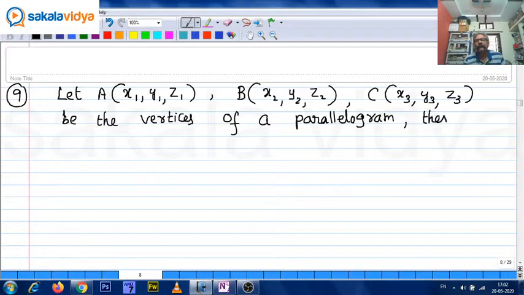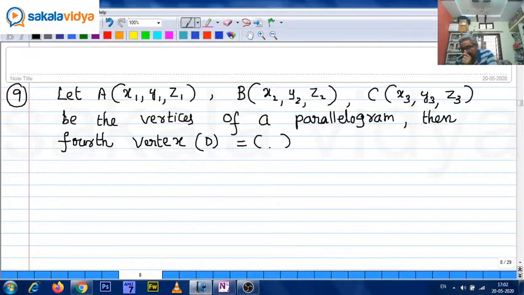Then the fourth vertex D, say for example D equals, so this is the concept we need to find out. If three of the vertices of a parallelogram, rhombus, square or rectangle are given, then how to find the fourth vertex? The fourth vertex we need to find out.